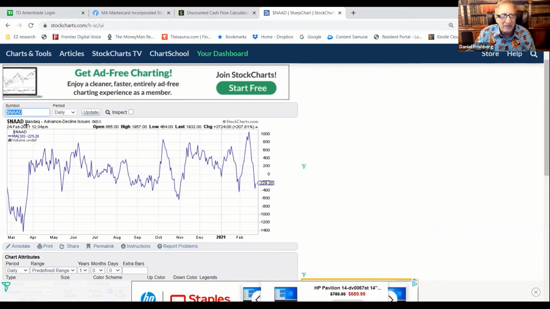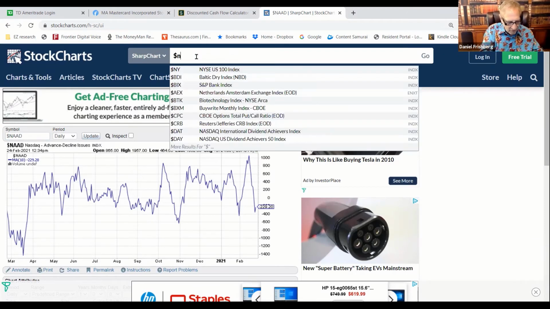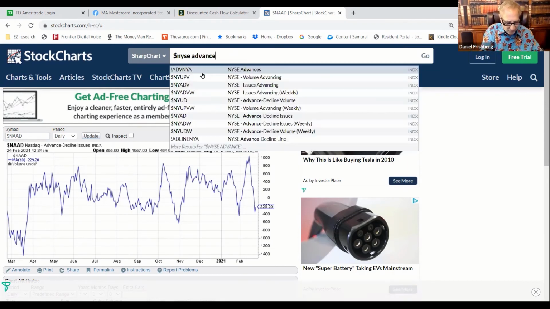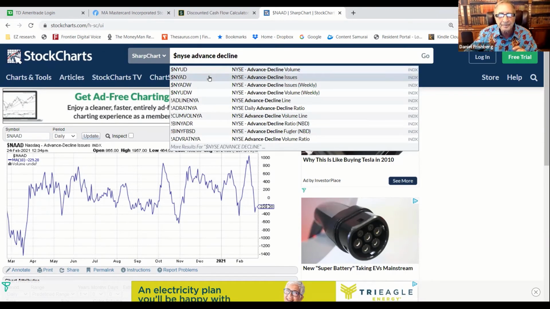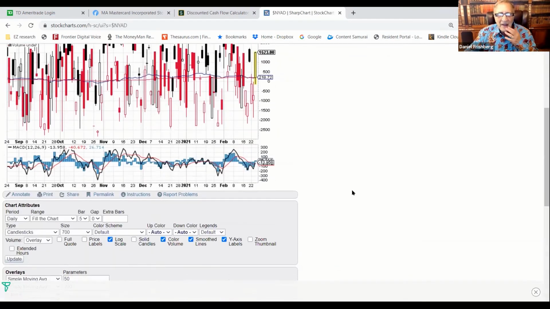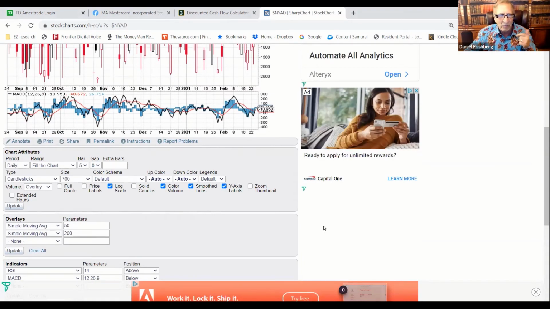So this is the NASDAQ's advance-decline line. Quickly, I'll do the same thing again: New York Stock Exchange, advance, decline, by issues. Sometimes it's helpful to look at the advancing and declining volume, especially on the NASDAQ.